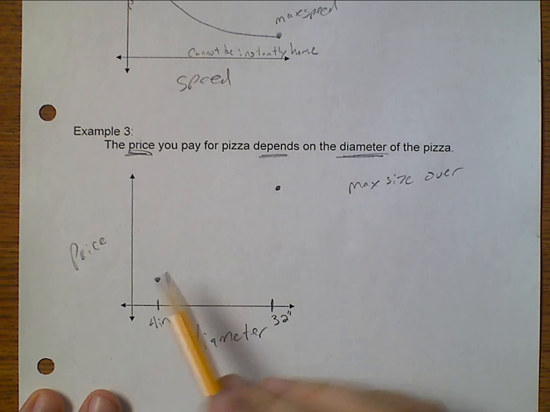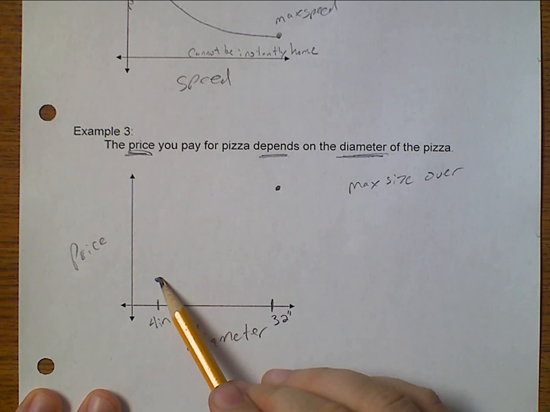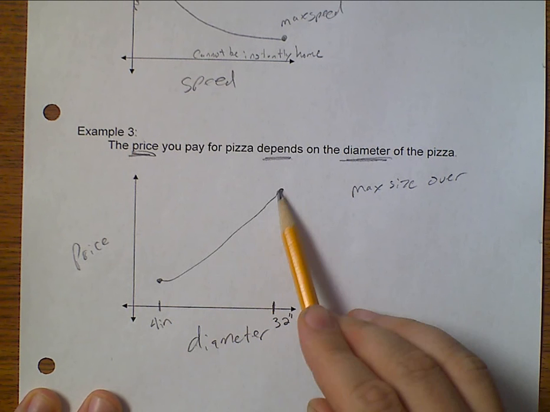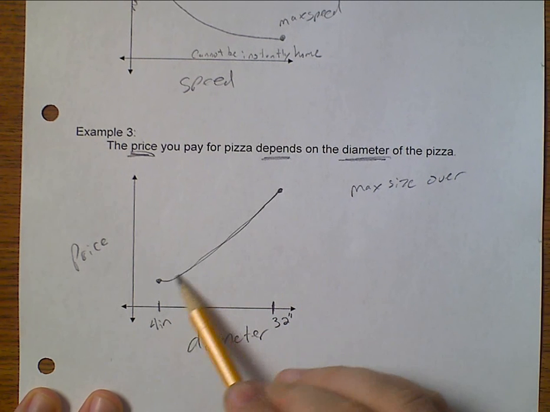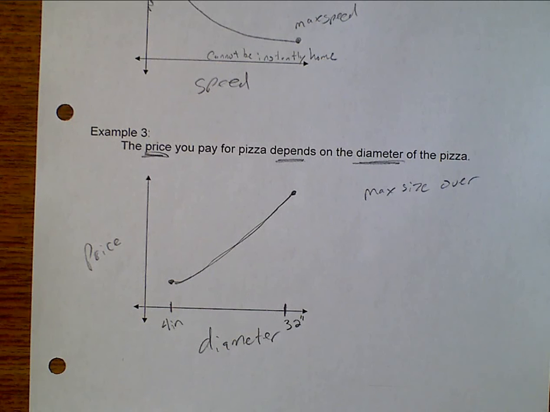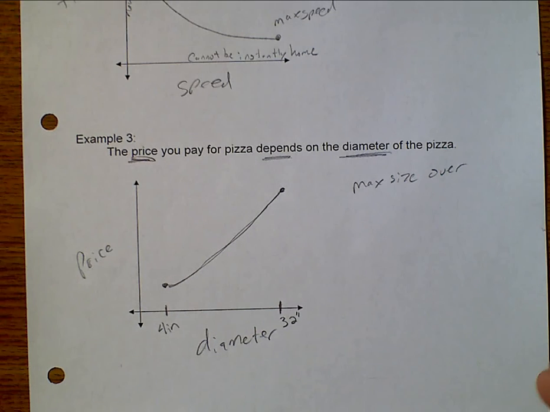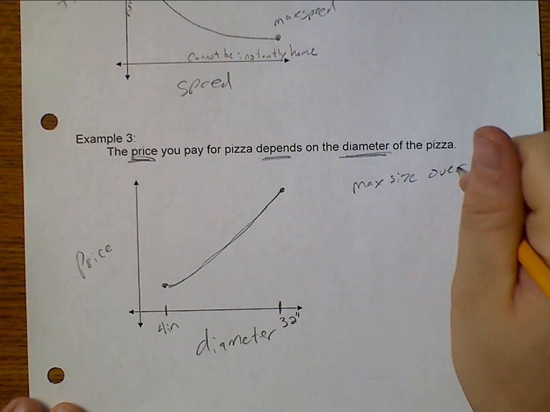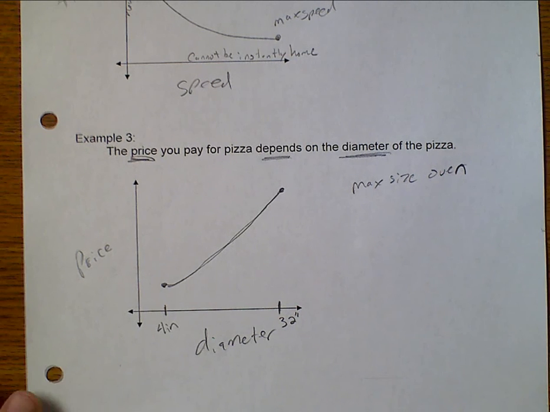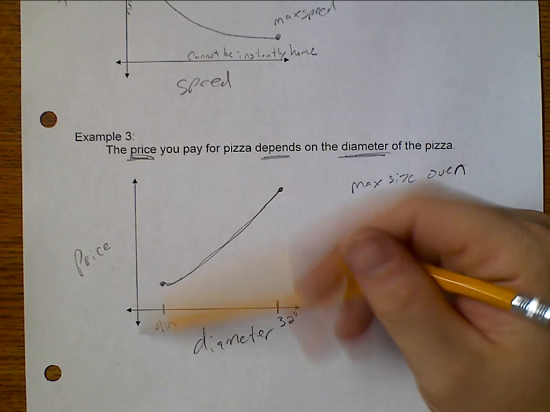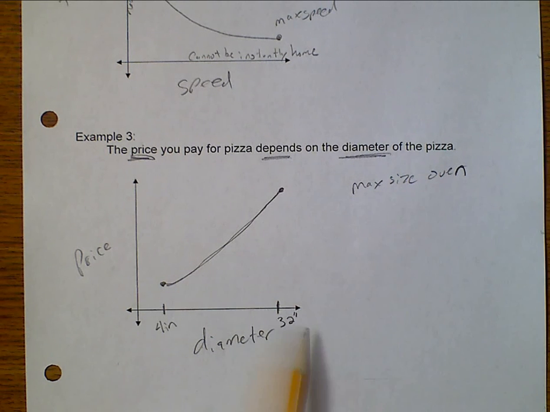And then our graph will probably look something like that. All right, the bigger our pizza, the more it's going to cost. Again, it doesn't make sense for our pizza to have no diameter or our pizza to be free.